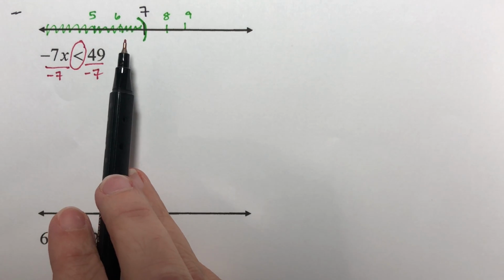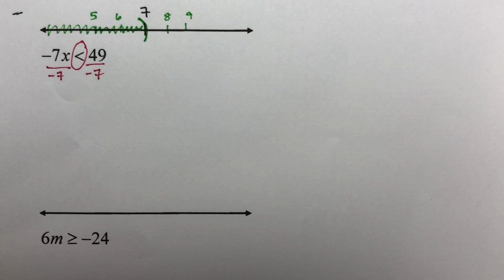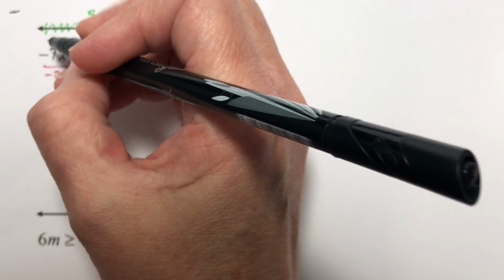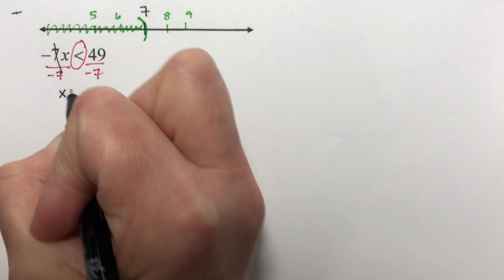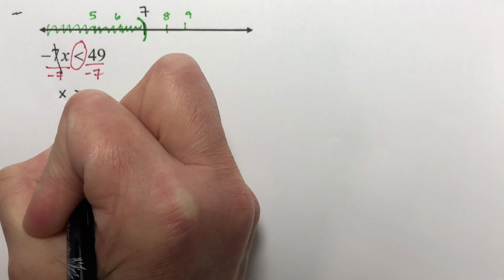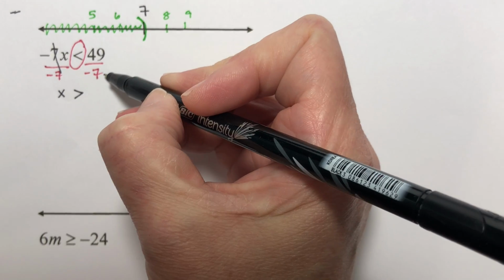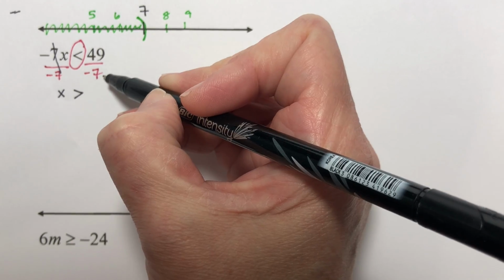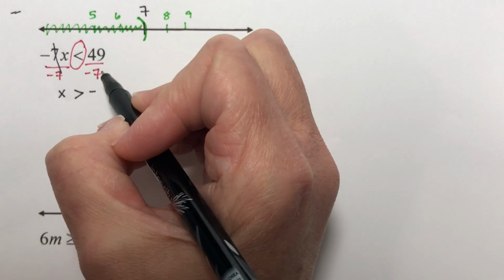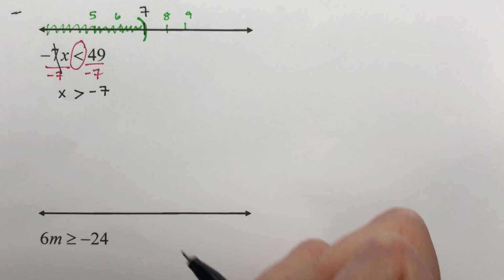Even though you know you're supposed to do it, we have a tendency not to. So circling it helps me out. -7 divided by -7 is a 1, so I have x, and this needs to be greater than now. 49 divided by -7, a positive divided by a negative is negative, and that should be -7.